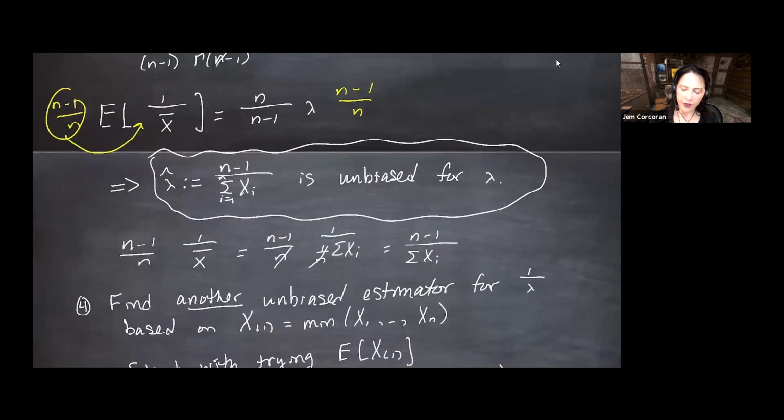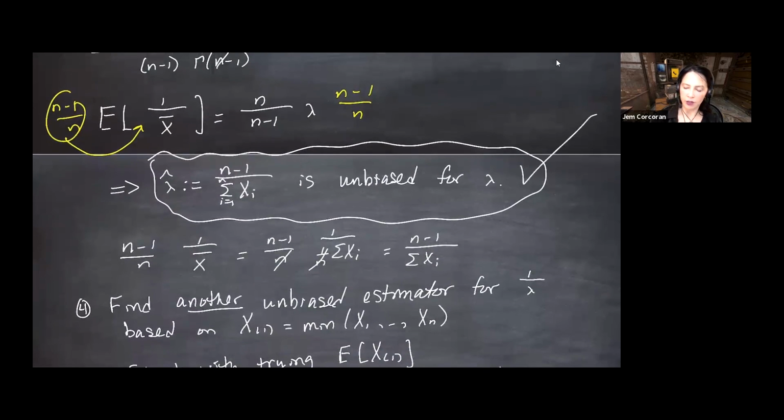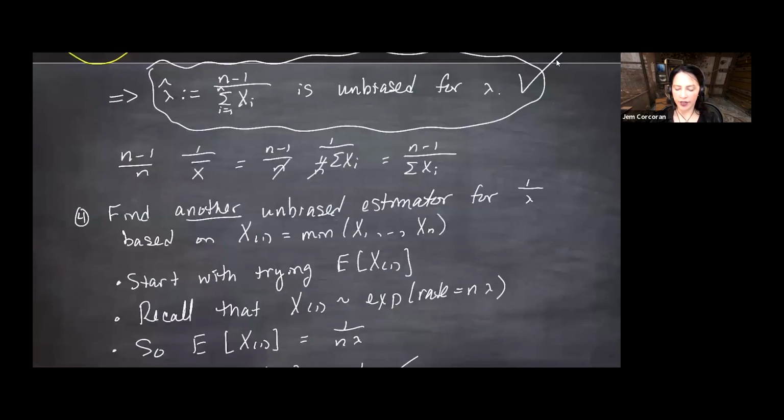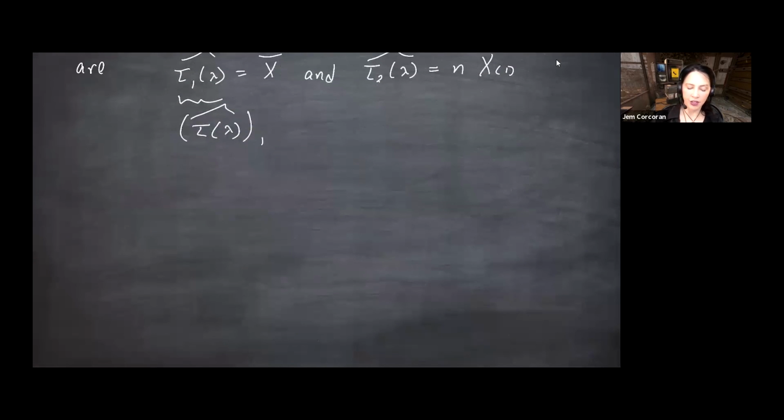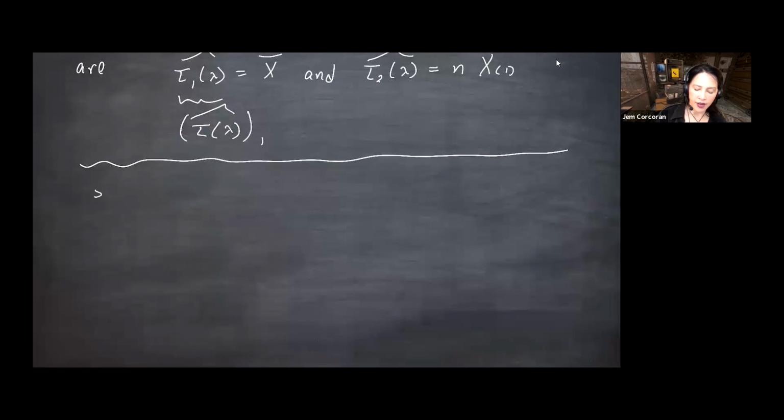I'm going to go back to the unbiased estimator for lambda and find its variance. Actually, I'm not even going to finish the problem. So if this is 5, let's find the variance. This problem is pretty disjointed. All these pieces are just different calculations for our unbiased estimator of lambda hat.